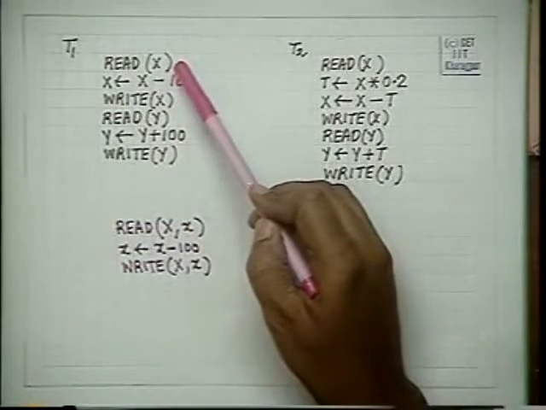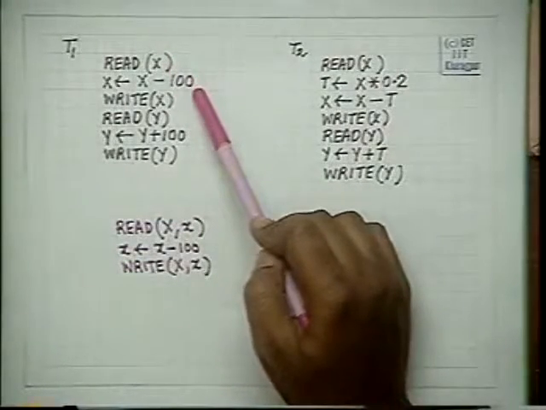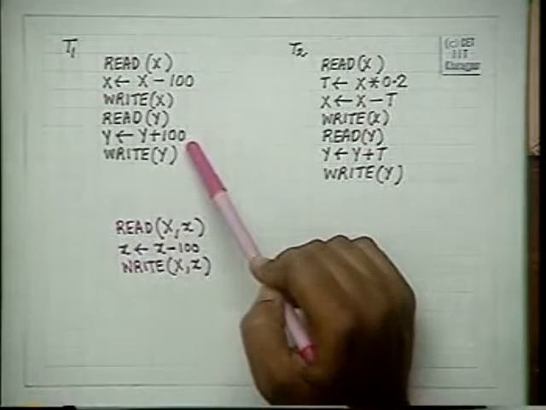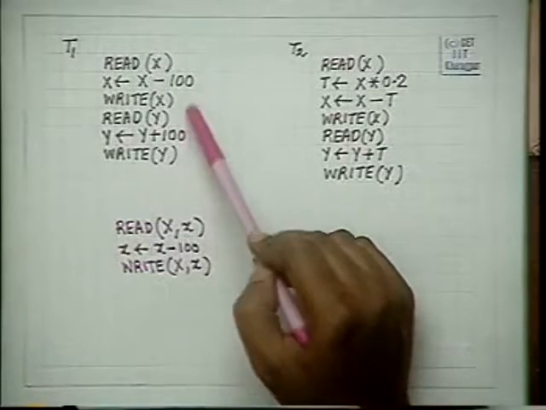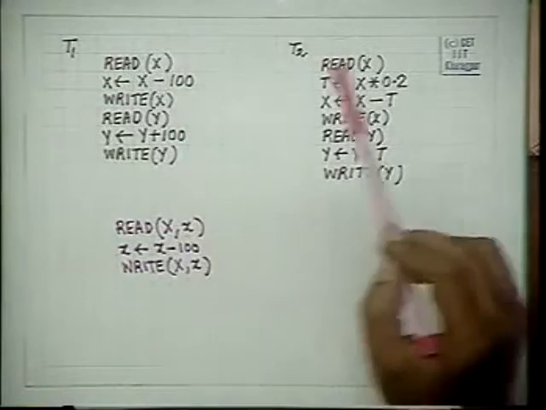So this is a transaction which deducts 100 from a particular variable, adds 100 to another variable, and writes these two values back into the disk.